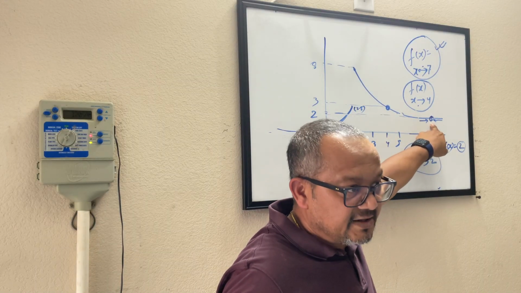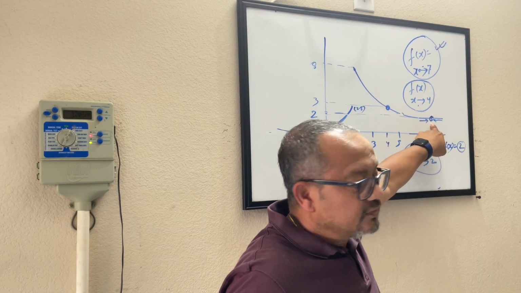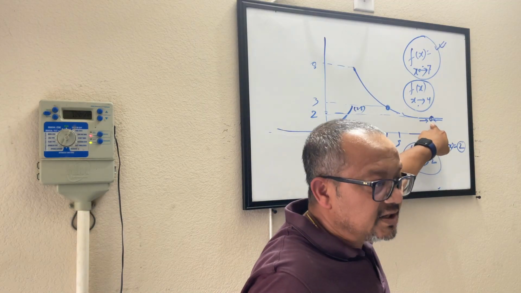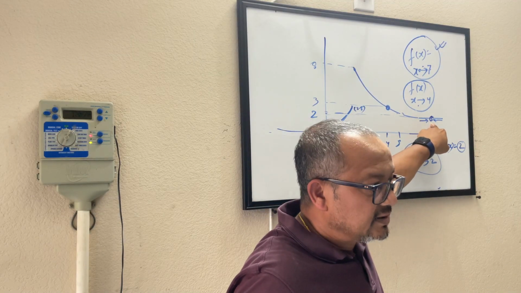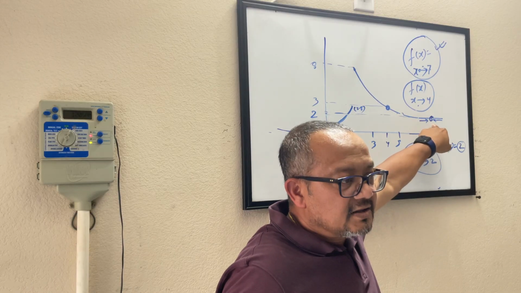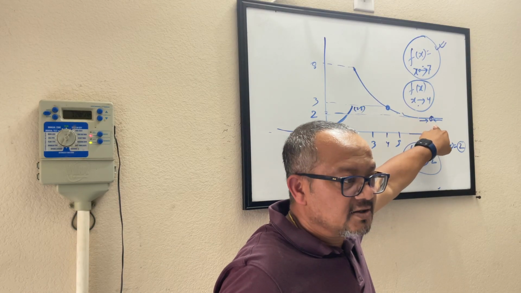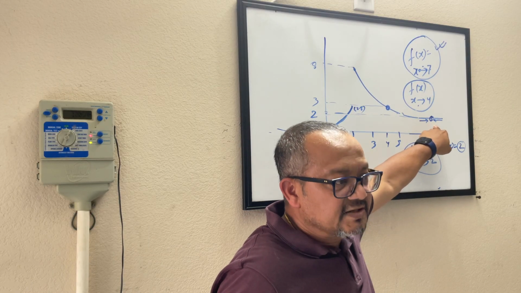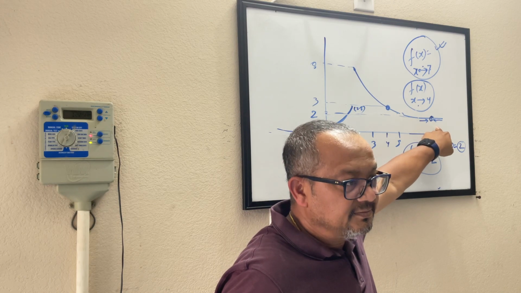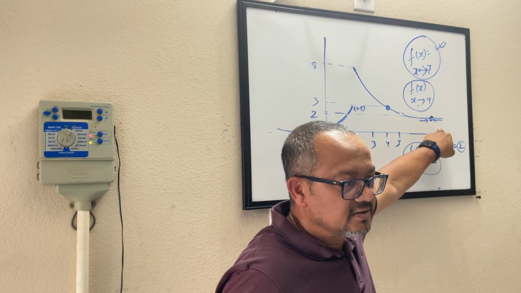The function is defined. So for x equal to 7 as a limit, this function is defined, and the value of the function matches with the value of y at this point.